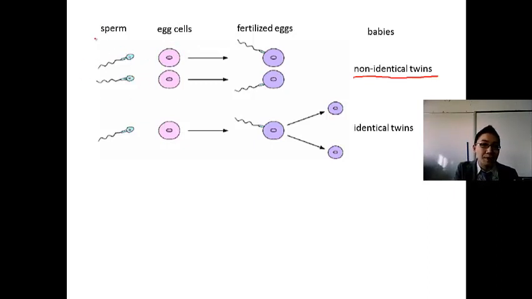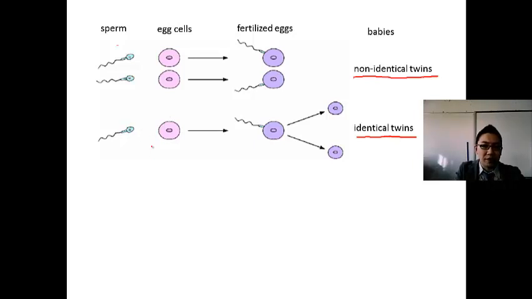Well, anytime a man experiences an ejaculation where he releases sperm cells, and the mother and father are trying to make a baby, there are 500 million sperm cells there. So there's always an abundance of sperm cells, but under normal circumstances, there should only be one egg cell there.